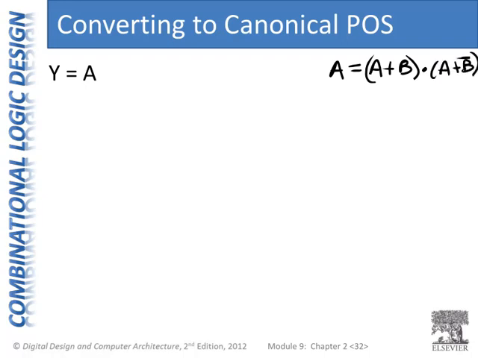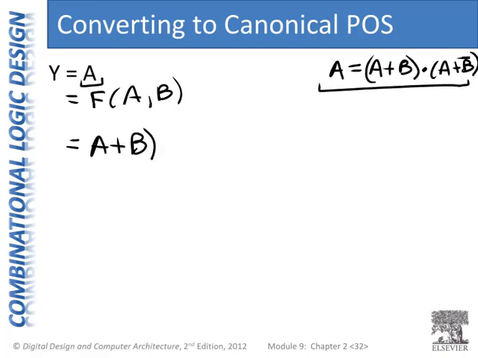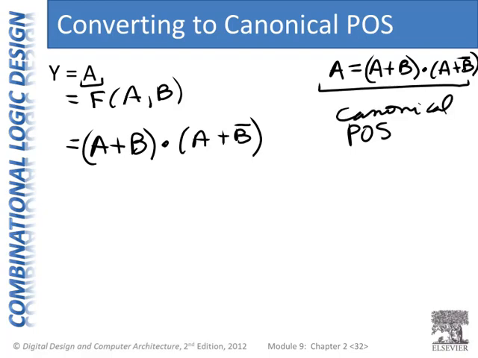So let's suppose that y is some function of, if it were just A and B, so you kind of need to know how many inputs it has, but let's suppose it were just a function of A and B, well then I can just expand A, this term, into exactly what I've written over there to the right, A or B, and A or B bar, and now we have our canonical POS form.